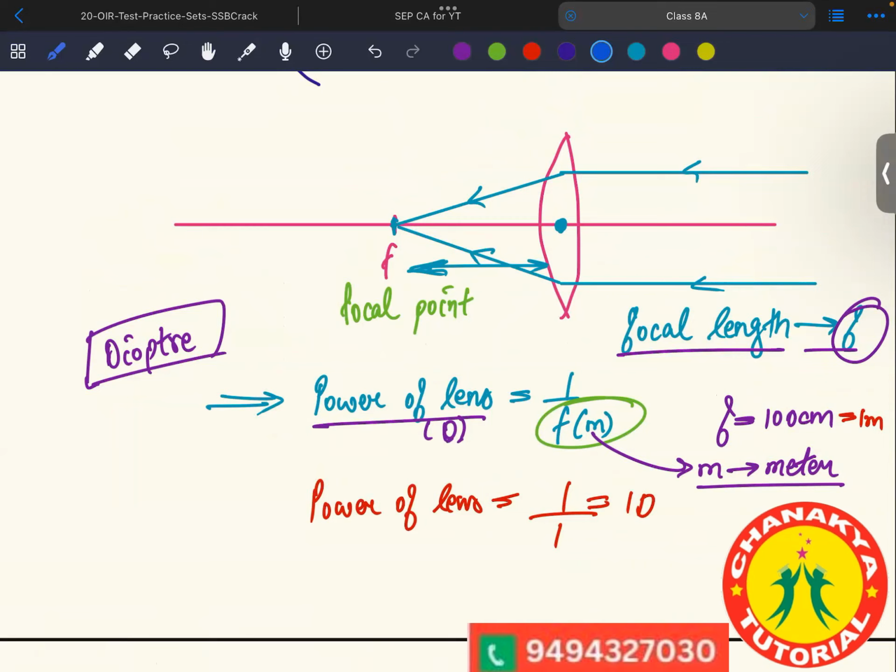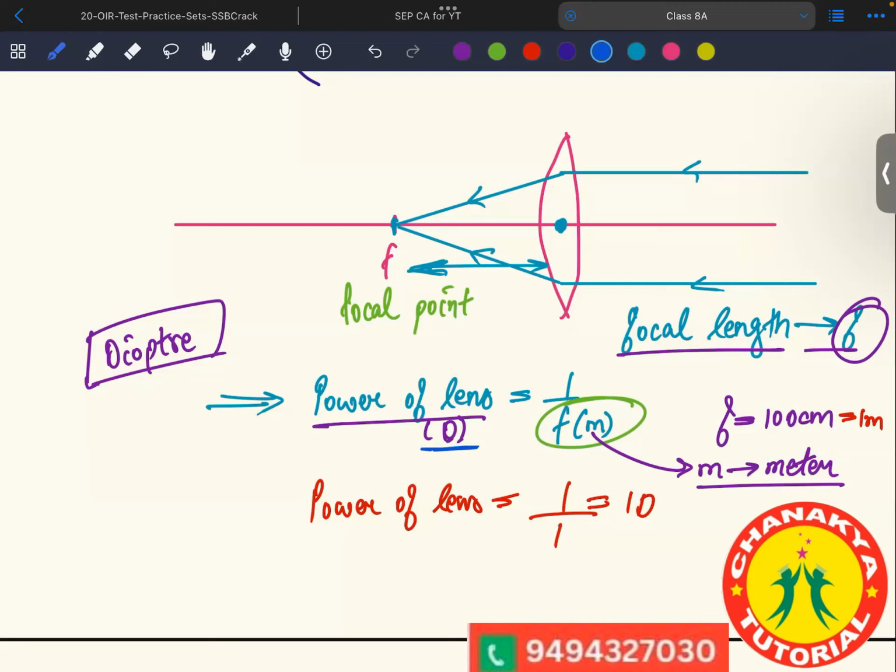Sir, minus 1.75. Okay, so this is the value of power which we represent in diopters. While speaking, you never pay attention to that unit. You say that the power of the lens is 1.75, but actually it comes with the unit diopter, D. You always say power as 1.75 D. So this is how the power of a lens comes from the focal length.